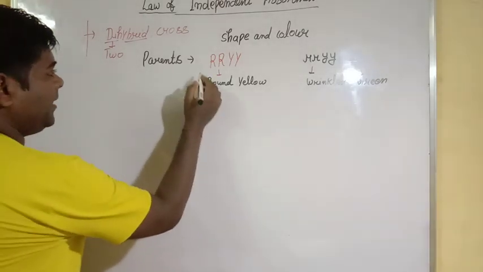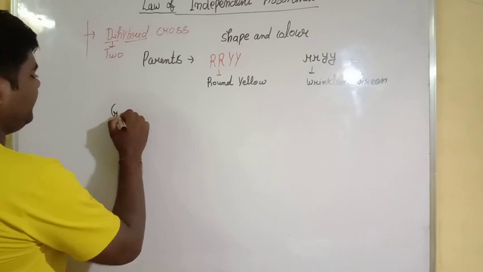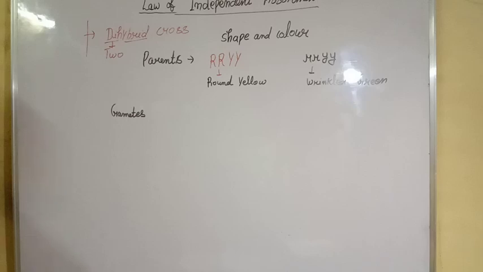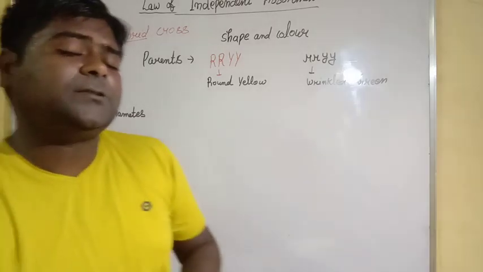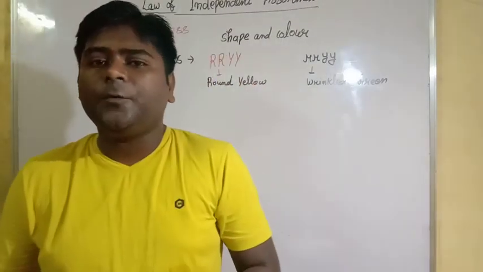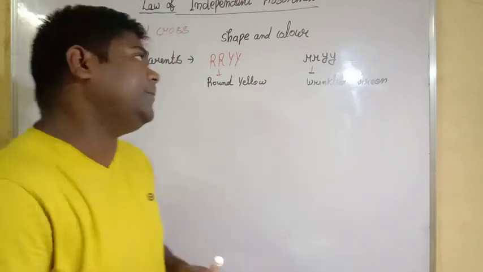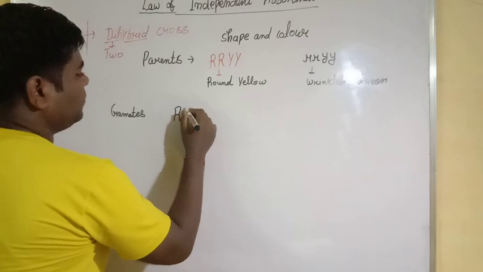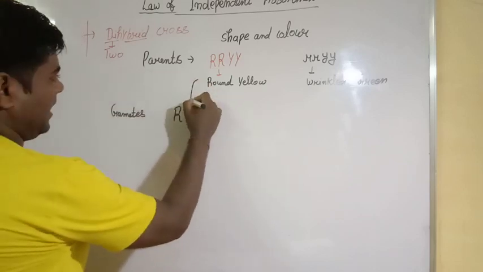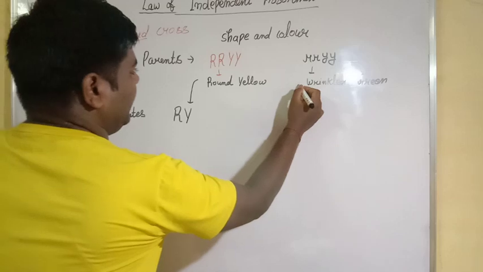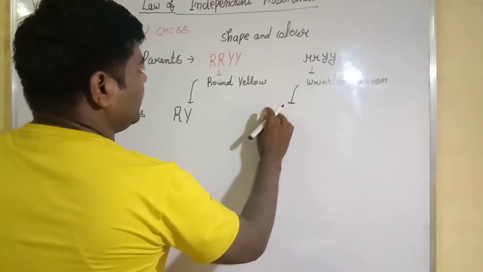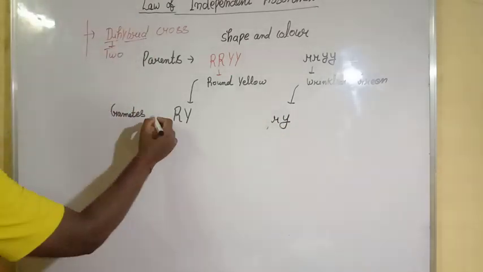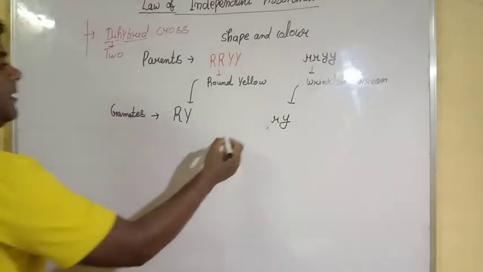Now these are the parents, and then we have the formation of gametes. So my dear students, in formation of gametes, the diploid condition is converting into haploid. So we have one R and one Y gamete of this, and the gamete of this could be a small r and a small y.